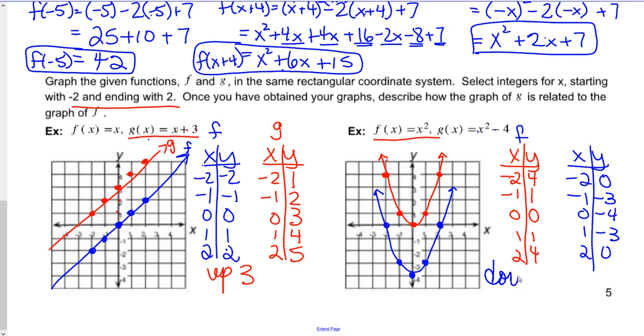Okay, now hopefully you can recognize in my equation, this was a -4 and this was a +3, and that was an indicator of this going up by 3 for my first one and this going down by 4. There is a correlation there, okay? All right, let's see if we can try a couple more.